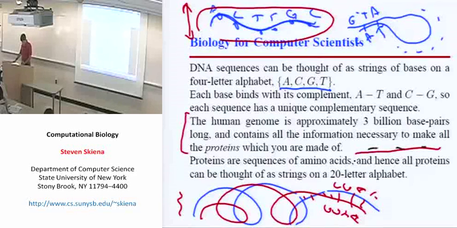Certain portions of that sequence describe how to make the components that you're made of, which are chemicals called proteins. Okay? And it turns out proteins are also going to be described as strings. Okay? Only the alphabet size is going to be 20 letters instead of four letters. Okay? So when we deal with proteins or DNA, things that deal with strings, algorithms that deal with strings are important things. Any questions about that?